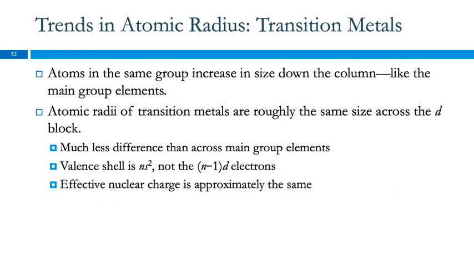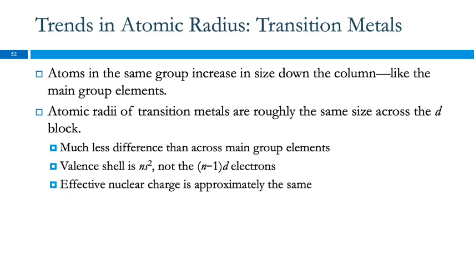What about the transition elements? Well, we still see the size increasing as we go down a column. But when we look going across a period, things are much less predictable.